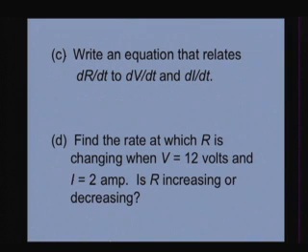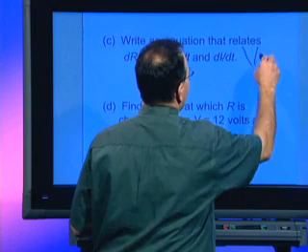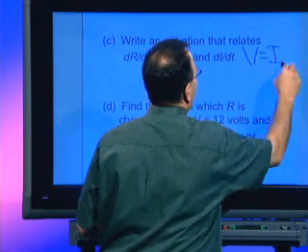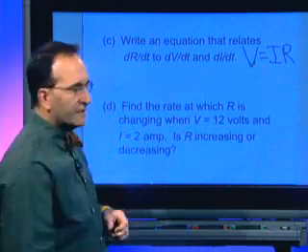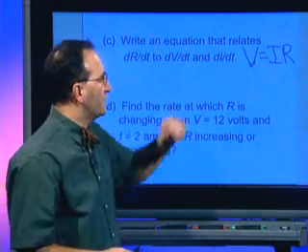Write an equation that relates dR/dt to dV/dt and dI/dt. Well, remember that we were originally told that V is equal to IR. And so we would want to differentiate that equation.